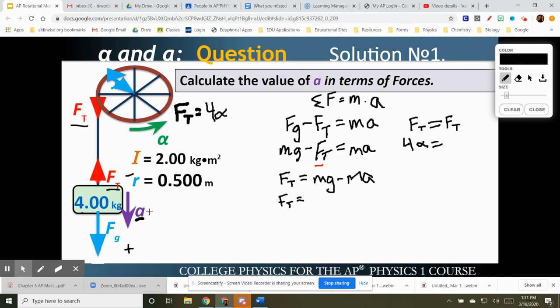We're doing this derivation because solving for linear acceleration is going to be the hardest part. So imagine if I just had you calculate angular acceleration. That might have been a little easier if I gave you linear acceleration. So by doing this problem, we're going to be able to solve for other values too.